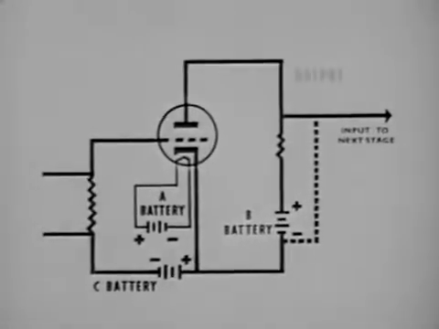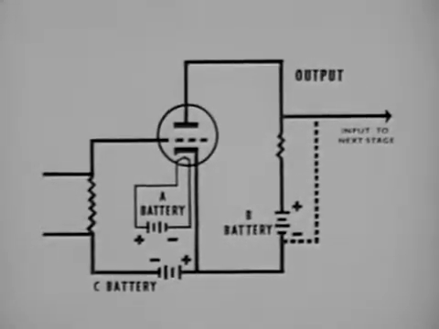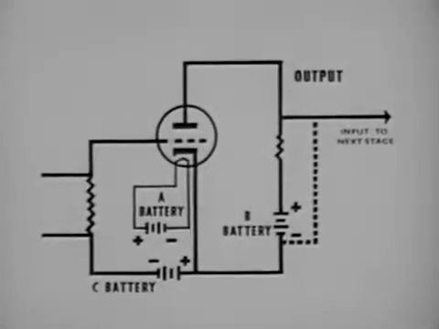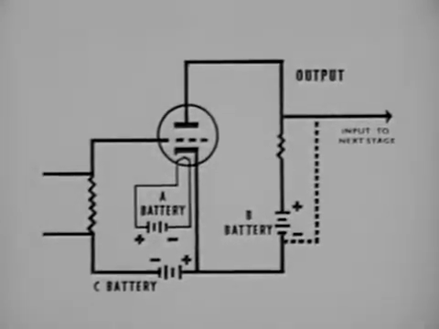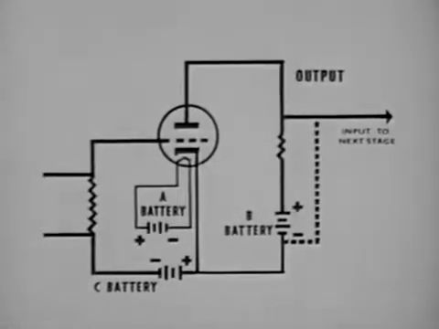Power for the output circuit is supplied by a B supply, in this case a battery. The positive side of the B battery is connected through a resistor to the plate of the tube. The negative side of the B battery is connected to the cathode.